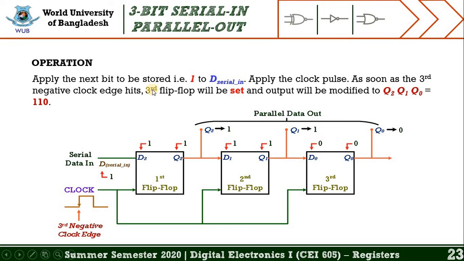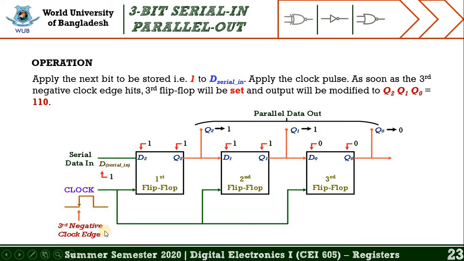Apply the next bit to be stored, which means 1 to the serial in, so the value of the serial in is equal to 1 for this condition. Apply the clock pulse, which means the third negative clock edge is applied. As soon as it hits, the third flip-flop will be in set condition and the output will be modified to Q2, Q1, Q0 equal to 110.